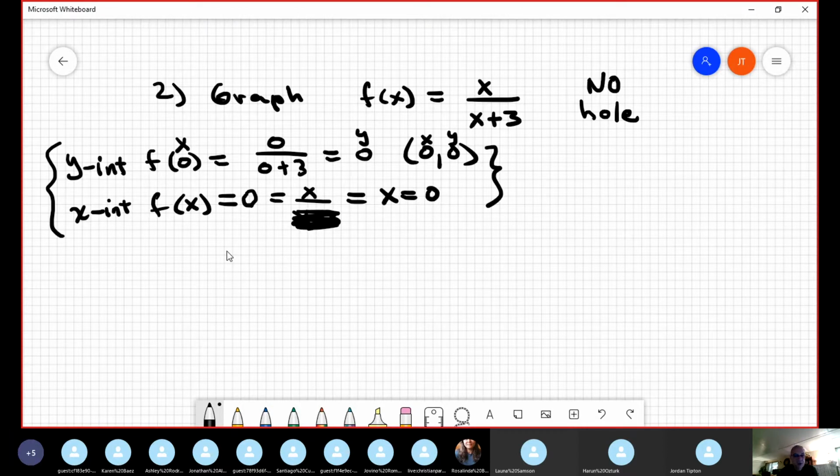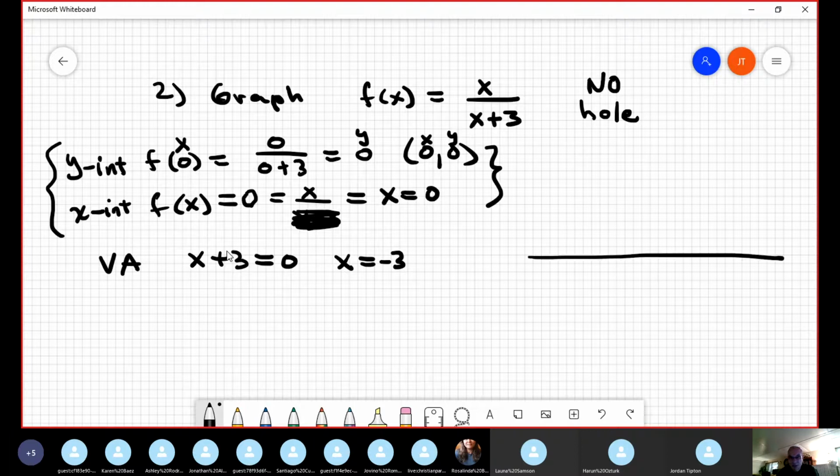Okay, super. Now, the next step is to compute the vertical asymptote. The vertical asymptote is when the polynomial in the bottom, which is x plus 3, is 0. So x equals minus 3. In this moment, I am doing one corner of the piece of paper, my rough sketch.